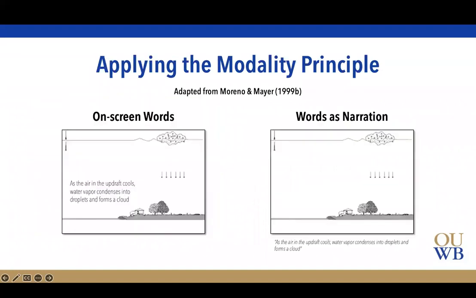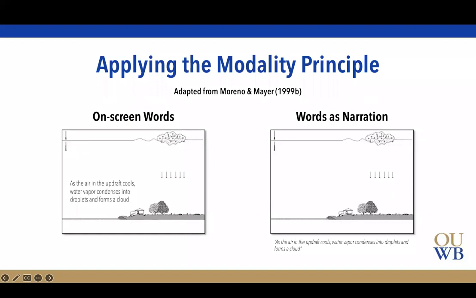Again, here's another example. This comes from Moreno and Mayer, and they basically presented the exact same lesson. This might also be a tweak on that lightning lesson and how that happens, but they presented the exact same visual imagery.